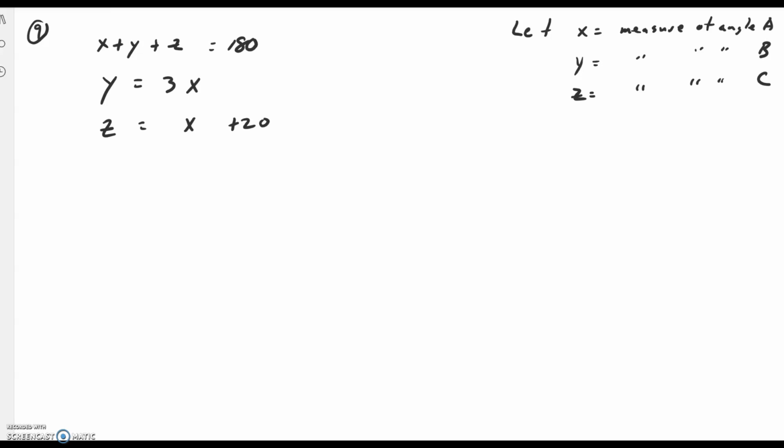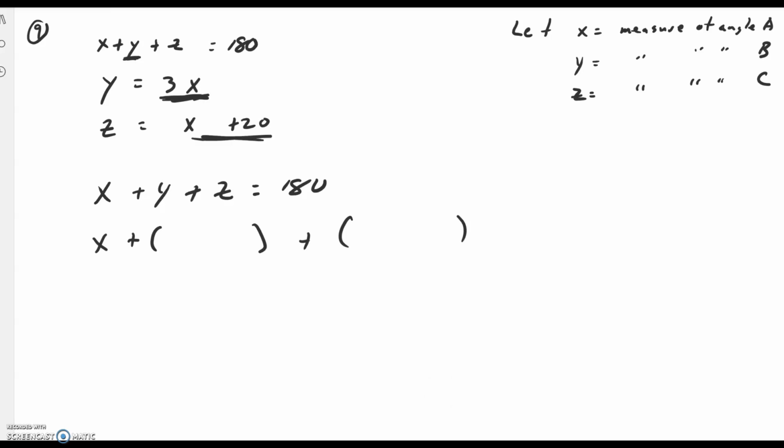If I were to replace this y with what y equals from the first equation, 3x, so I'm rewriting this equation, and now I'm going to substitute in what y equals in terms of x, and what z equals in terms of x.